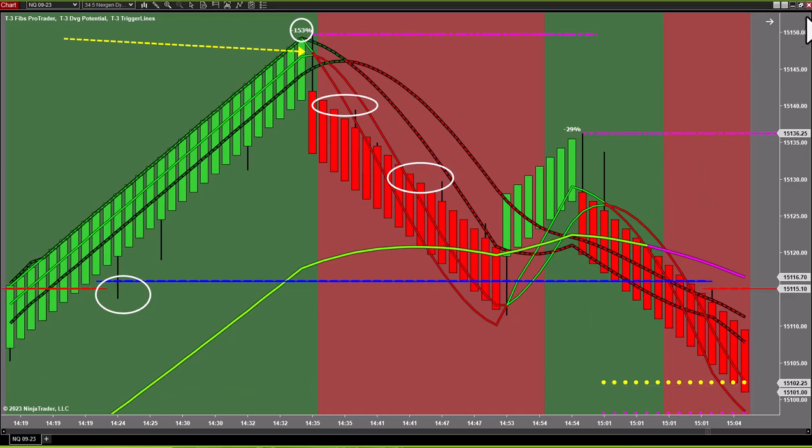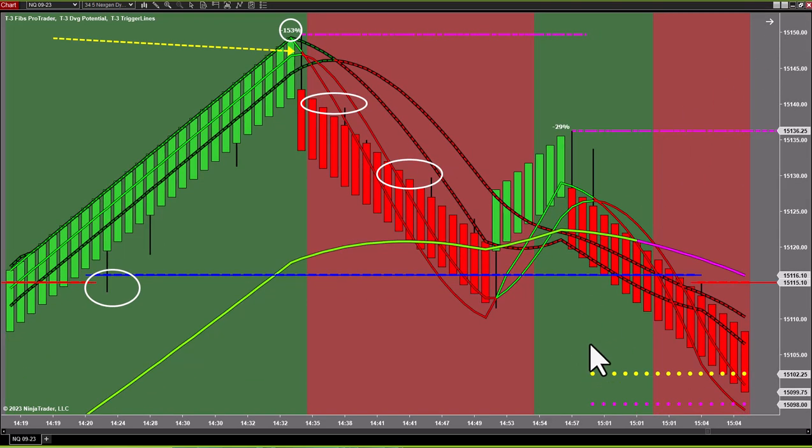Now, if we have a fib, let me draw a box, bear with me here. So look, I want you to notice we had Fibonacci support. And this is where a lot of our new users get into trouble, because they say, oh, look, a blue line held and my triggers are starting to go up, I'm going to try to buy.